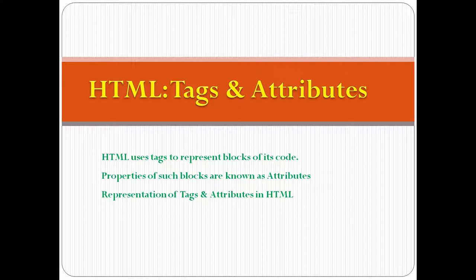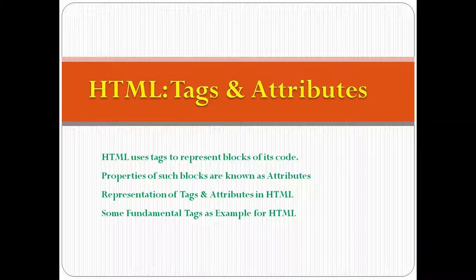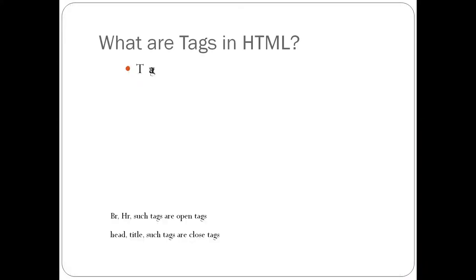Representation of tags will be covered in this video, and attributes as well. The next thing we are going to cover is some fundamental tags for HTML as examples, and in the next video we are going to write the code and do some experiments with those code blocks to understand the tags in HTML.